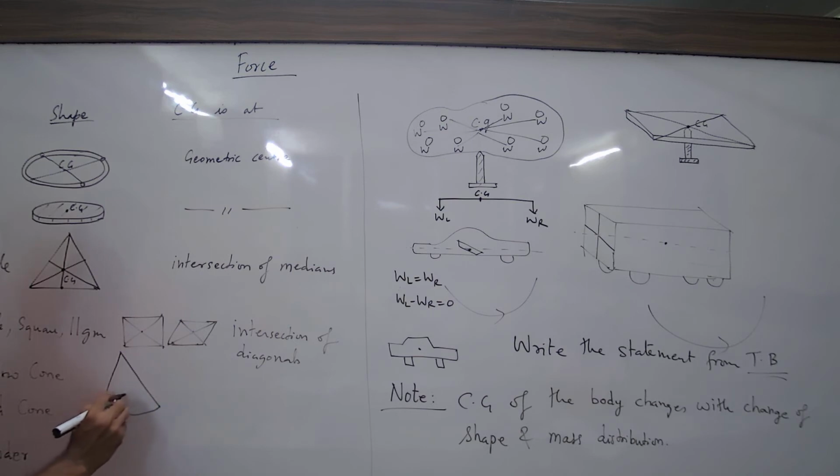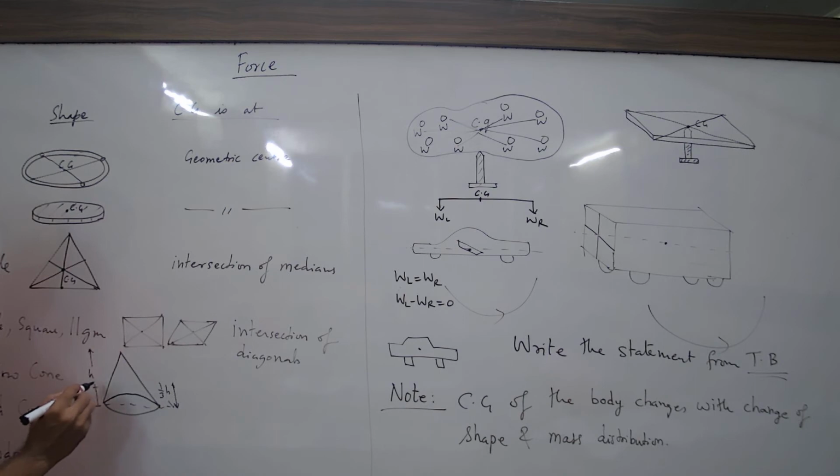So for a hollow cone, I am showing the full circle. I mean the full base is shown here. This is a hollow cone. So where is the CG? CG is at h by 3. Let us say this is the height of the cone. So it is at the height 1/3 of h.